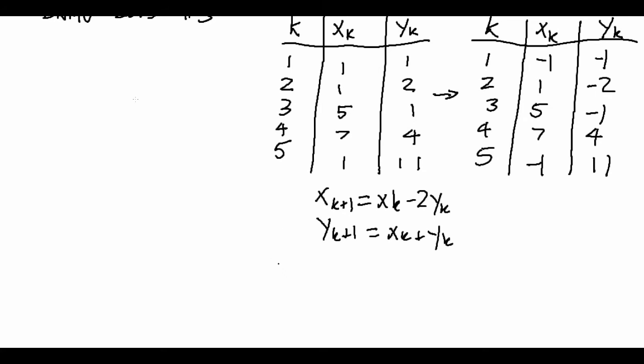Let's just try to plug this in here. So let's square both of them: xk minus 2yk squared plus xk plus yk squared.